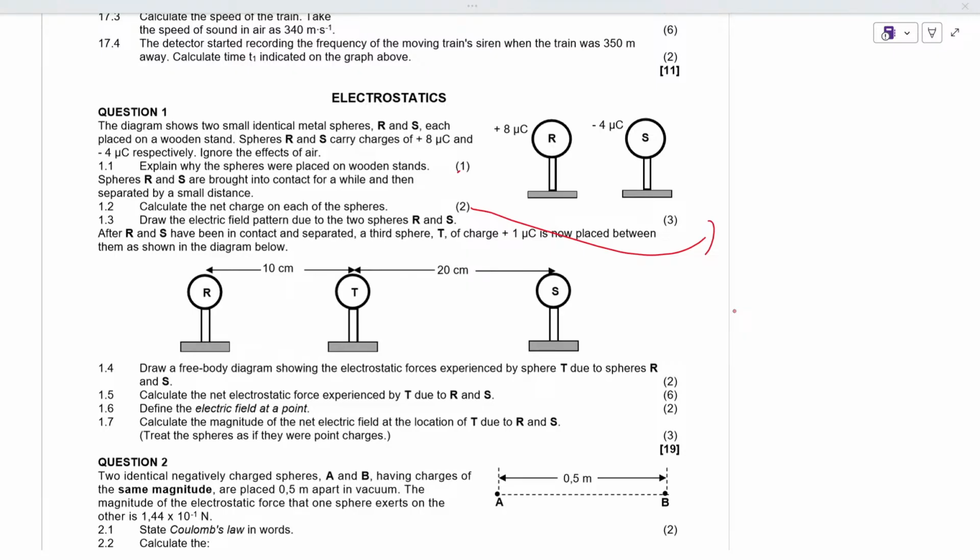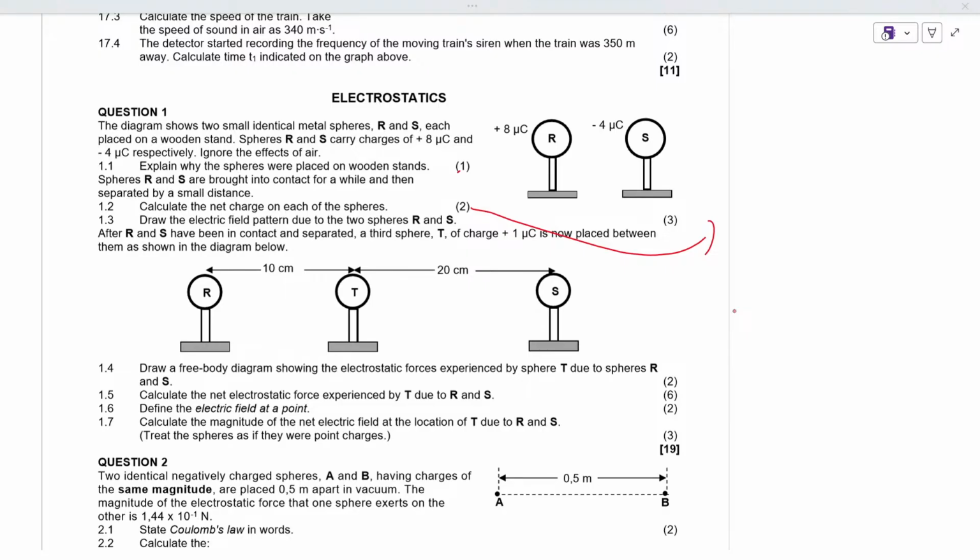Okay, we use the formula in which, if two charges are brought close together for a little while, we combine the charges of the two spheres and divide by two. Do you remember that formula? Q new is equal to Q1 plus Q2 all over 2.